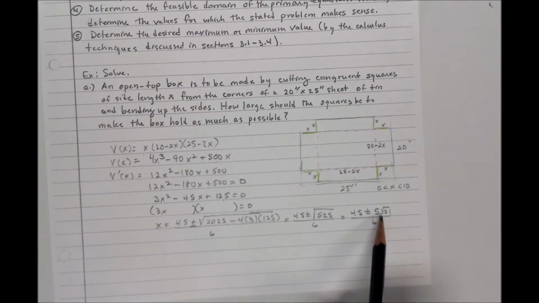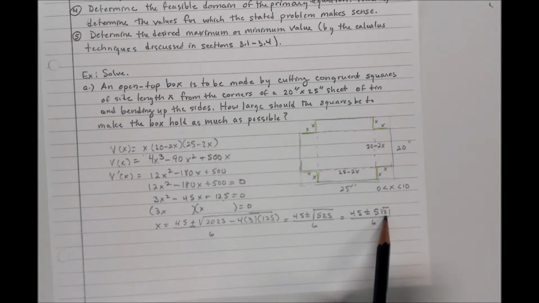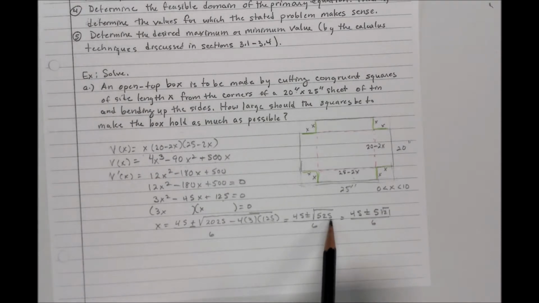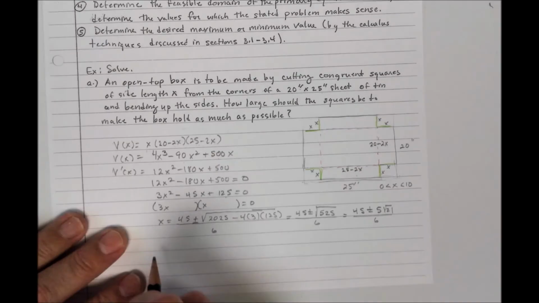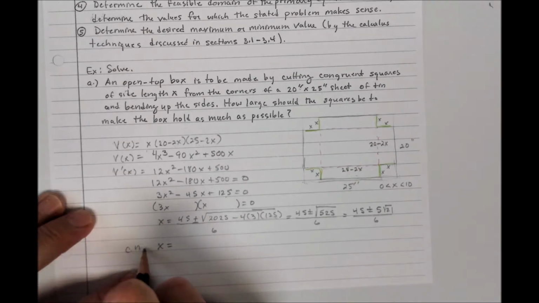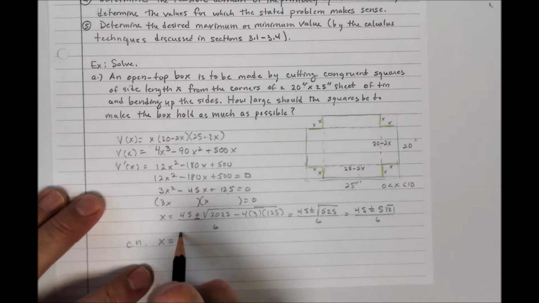Now, this number, the square root of 525, is like 20, almost 23. And if I was plus, 45 would be 68 divided by 6, which is more than 10. So my only critical number here that's going to work is x equals 45 minus 5 square roots of 21 all over 6.